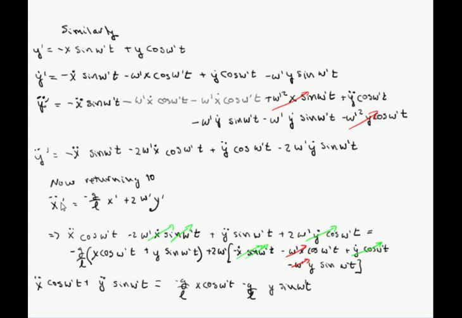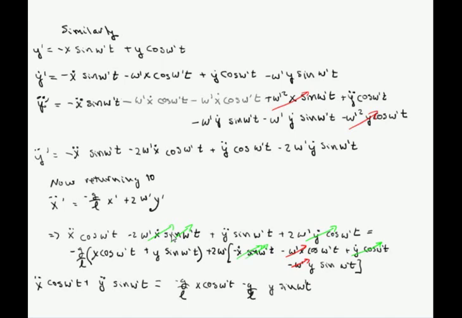And now for this equation we're going to substitute in what we had for x double dot prime in terms of the x's, and in each of these cases we're going to replace the primed variables with their dependence on the unprimed variables.